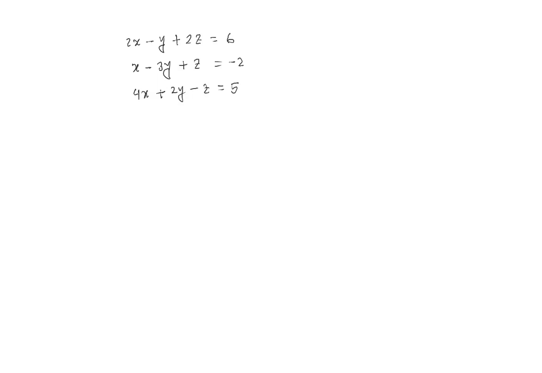What I'm going to do is create the augmented matrix first, even though I'm not really going to do the Gauss-Jordan method. The augmented matrix has the x's, y's, and z's, and the constants. 2, negative 1, 2.